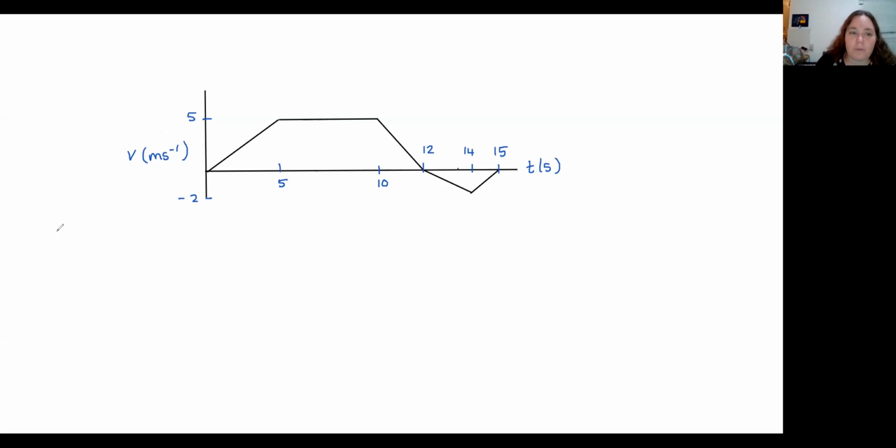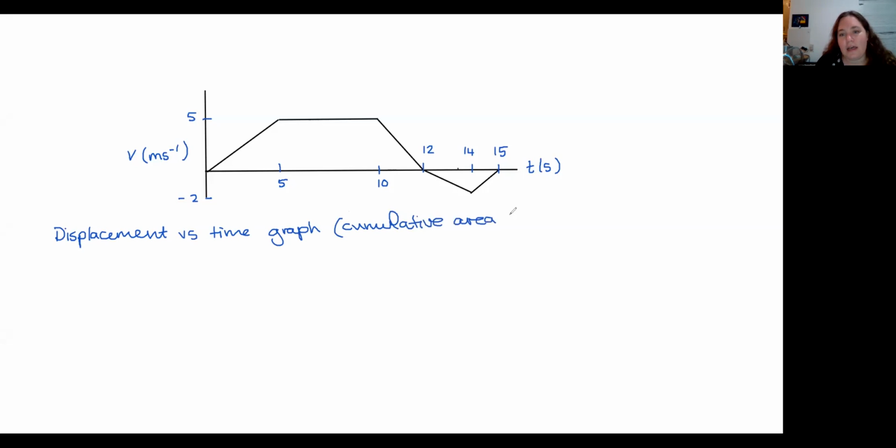So we're going to start off by drawing the displacement versus time graph. And you must remember that this is using cumulative area under the graph.